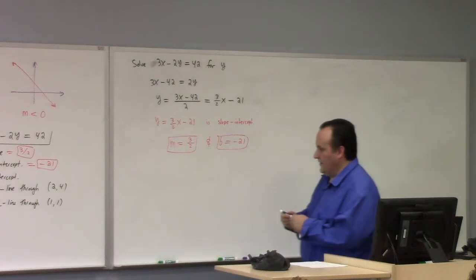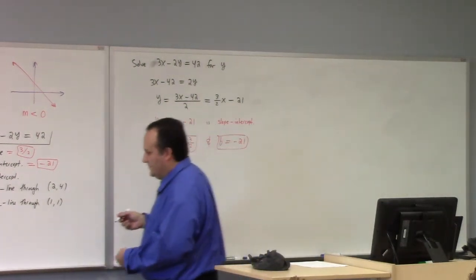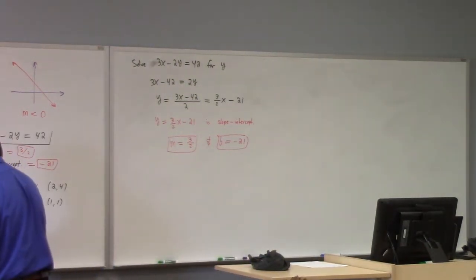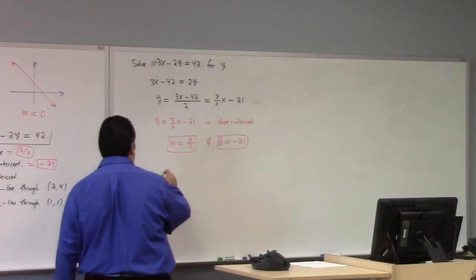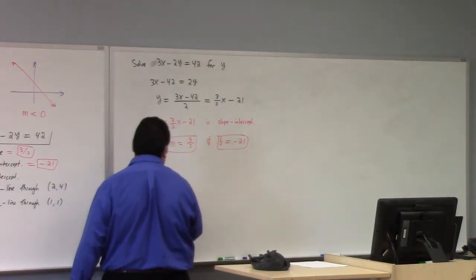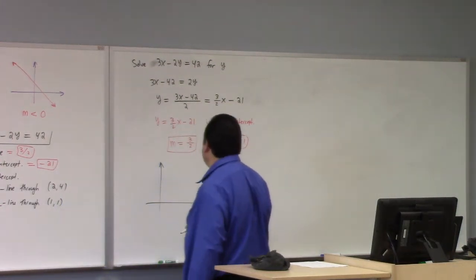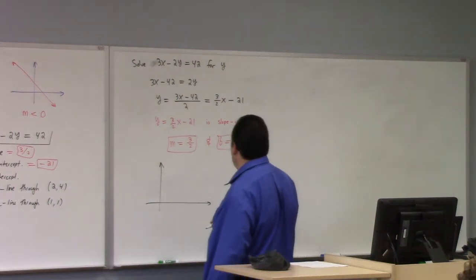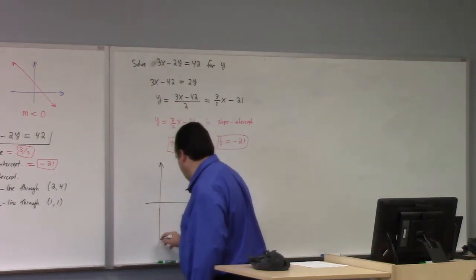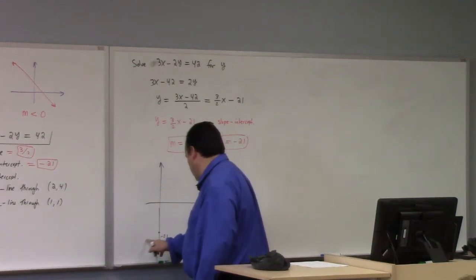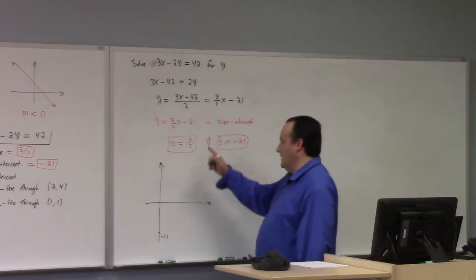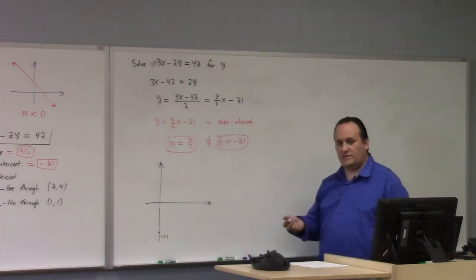All right, so I can graph this thing also. I probably should have put a part F, which is to graph it. That is something we want to be able to do. So I'll start working on that because that'll help me explain the other thing. Minus 21, I guess that's down here, right? And the slope of 3/2, how do you understand slope of 3/2?